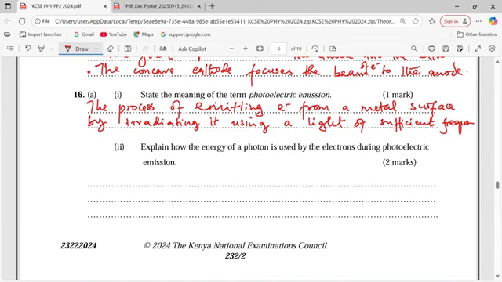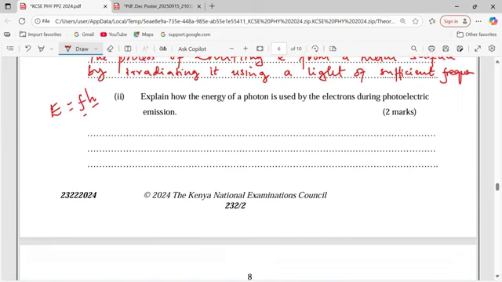Therefore, the light being focused on the metal surface should have sufficient energy, or rather sufficient frequency, because you know very well energy equals hf, Planck's constant times the frequency.